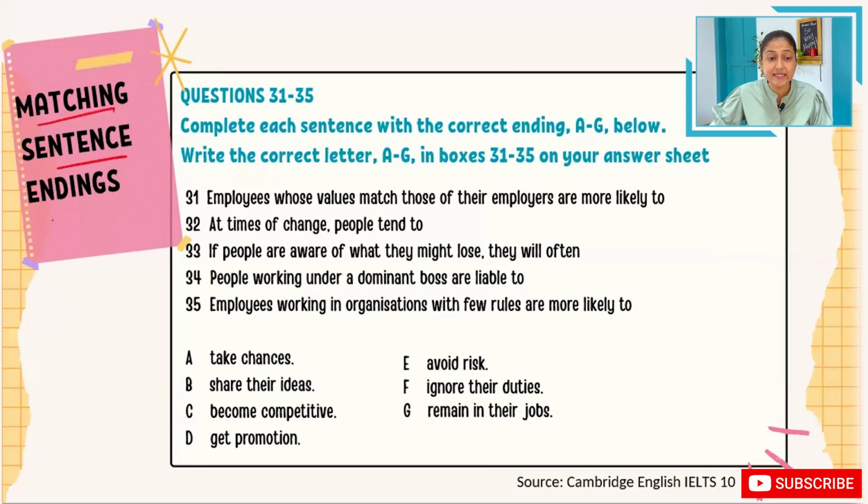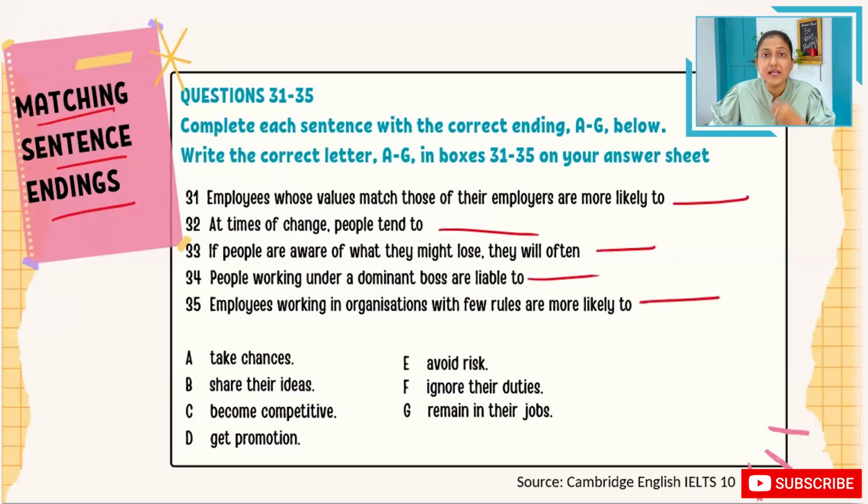Next comes matching the sentence endings. This also I will say can be categorized as fill in the blank. Let's say it says matching the sentence endings, right? What I can do is put a blank at the end of each sentence and you just have to fill these blanks with the correct options given in the list below. Look at this. It says complete each sentence with the correct endings.